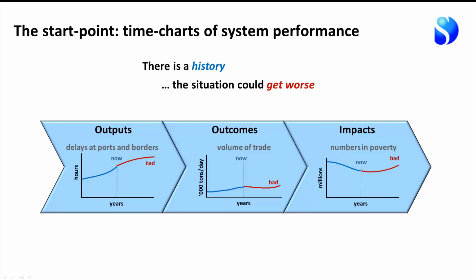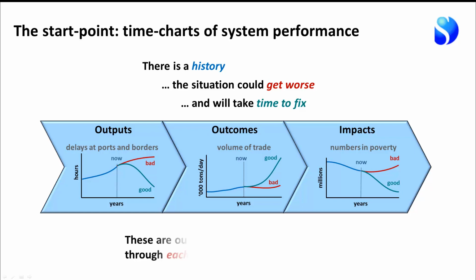What we want, of course, is we want things to get better, but those things will take time to fix. It will take time to drive down those delays at ports and borders. So it'll be some time before we see that real upswing in the volume of trade, and therefore we'll have to wait quite a long time to see observable reduction in poverty.